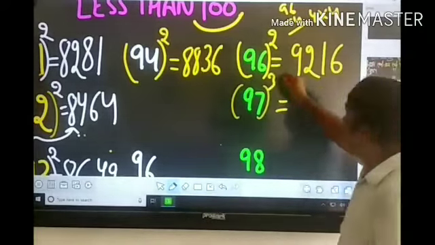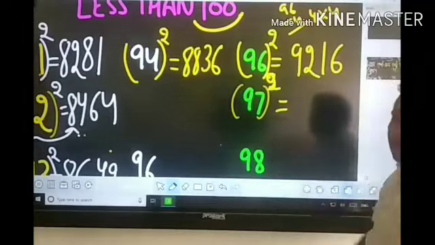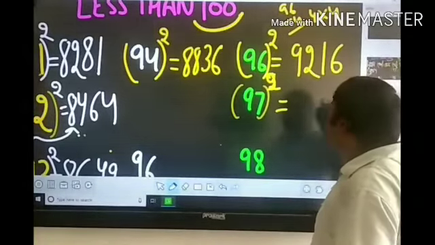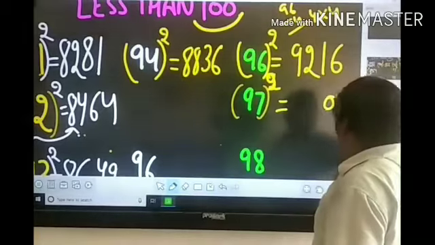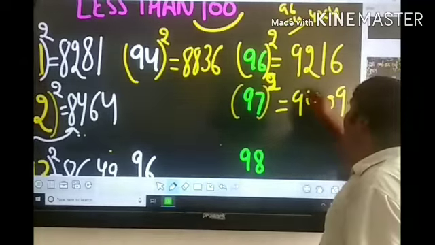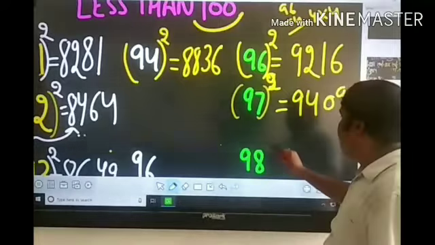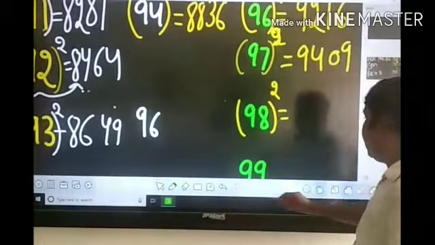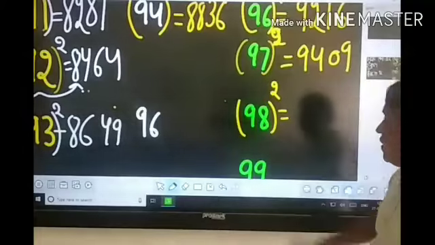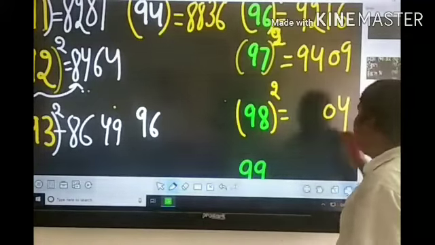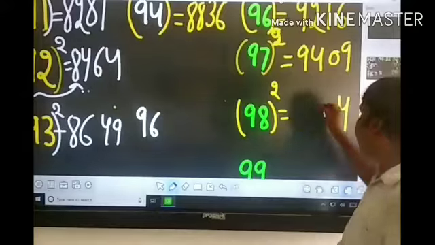Now 97 square. Now 97 is how much less? 3 less. So 3 square is 09, and I will subtract 3 from 97, that is 94. Now 98 square. 98 is 2 less than 100. So the square of 2 is 04.